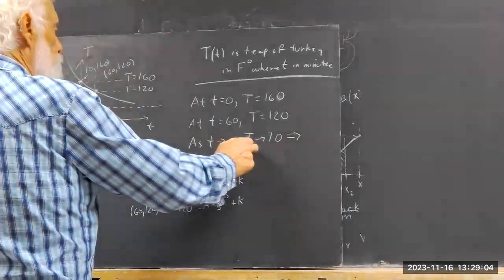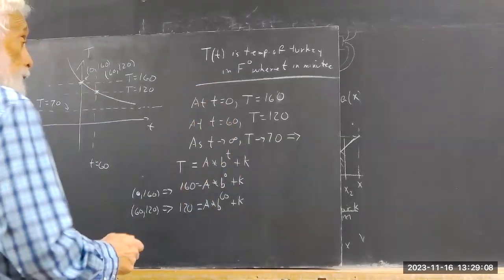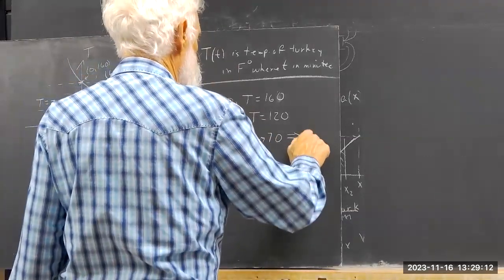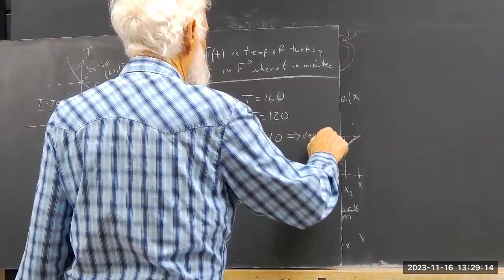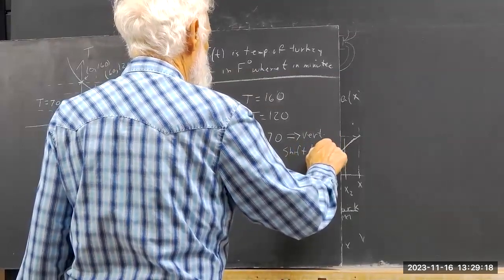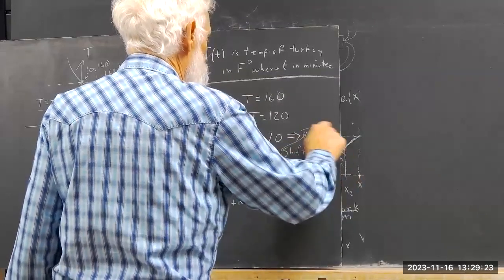And right there is our vertical shift. As t goes to infinity, time goes to infinity, temperature goes to 70, which implies a vertical shift of 70.